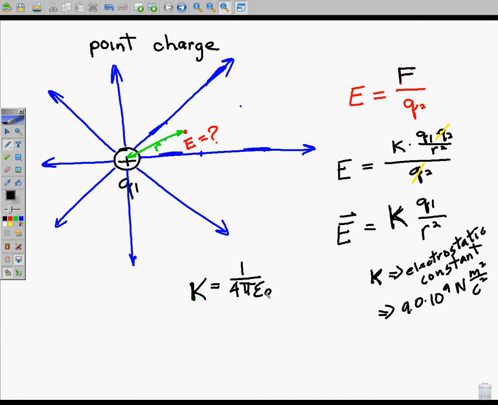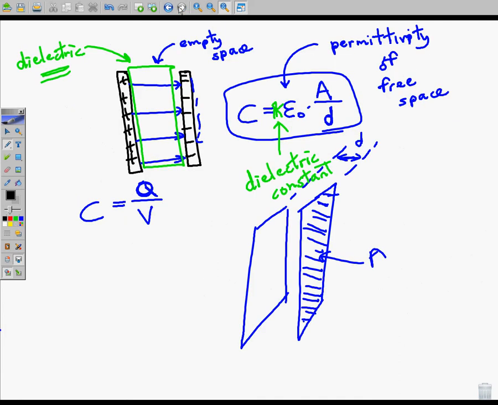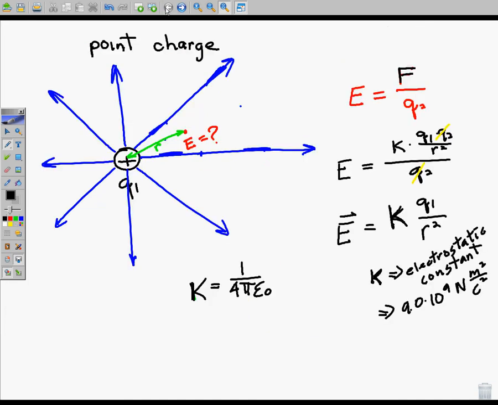Now, I'm not going to get into the proof of why K equals 1 over 4 pi epsilon 0. All I'm telling you is, just like over here, when the only thing in between the capacitor plates was empty space, we had that epsilon 0 right here. Well, when the only thing surrounding this charge is empty space, we can write this in terms of epsilon 0.